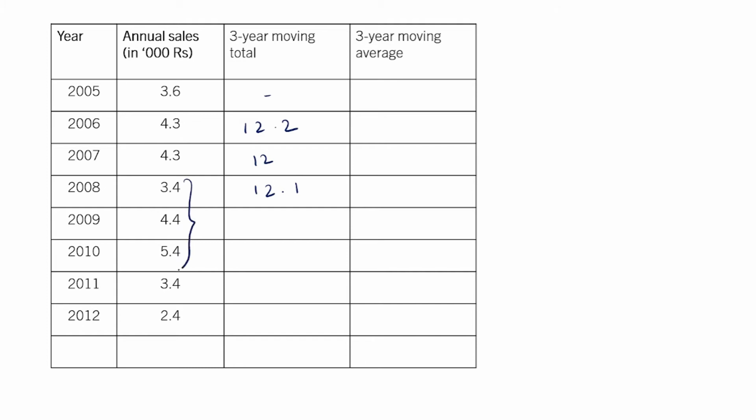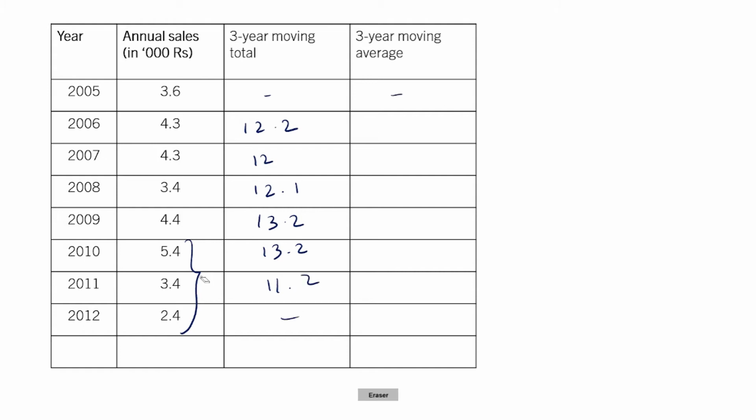We proceed until we reach the last data. The sum is 13.2. Then the next 3 years, 4.4 plus 5.4 plus 3.4, is again 13.2. And the last 3 years' data gives 11.2.